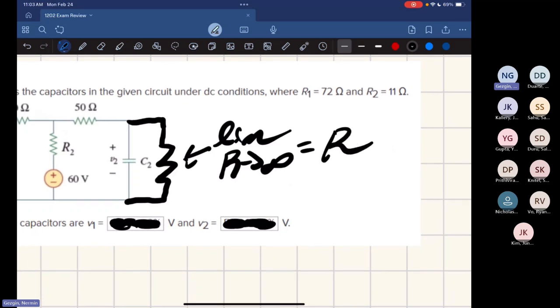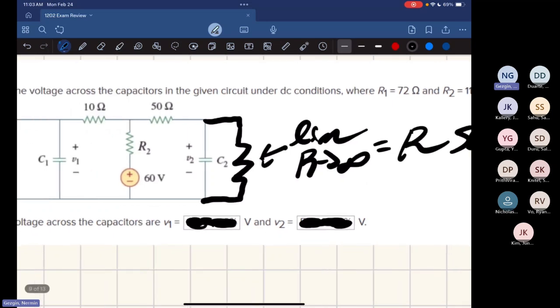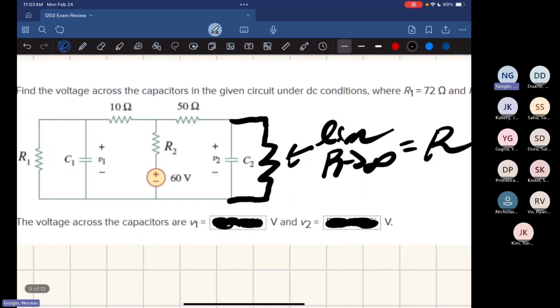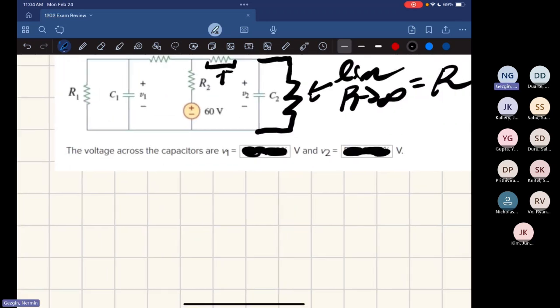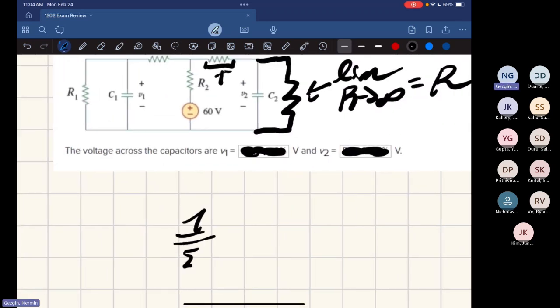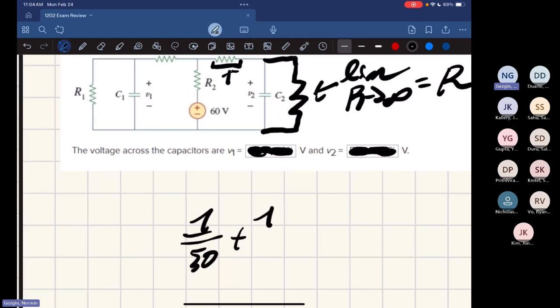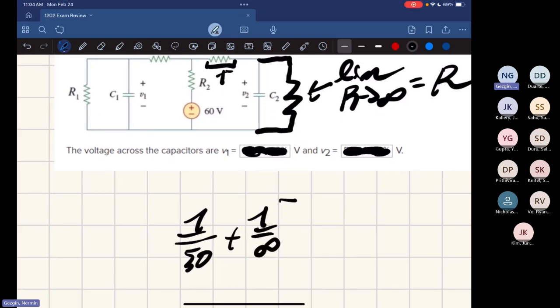This means the resistor right here doesn't impede the voltage at all, because it's 1 over infinity to the negative first.